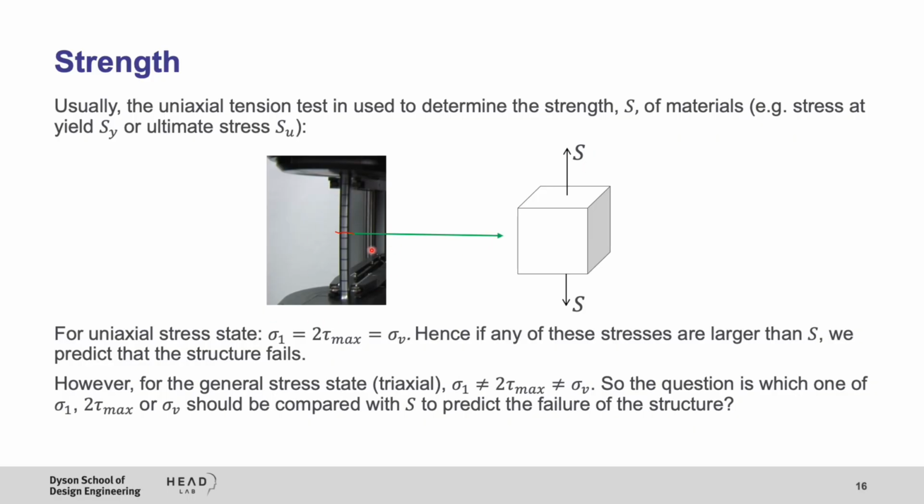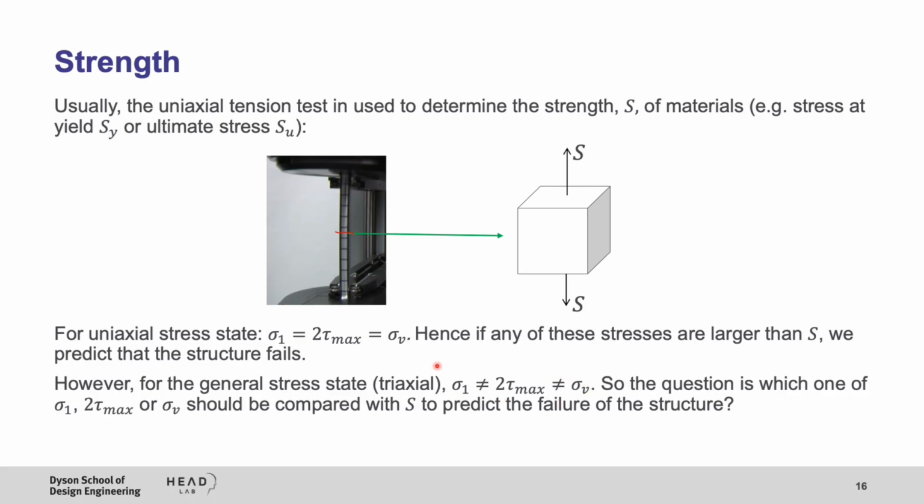For this uniaxial stress state shown here, the maximum principal stress equals the stress intensity, or 2 times the maximum shear stress, and they equal the von Mises stress. Hence, if any of these stresses are larger than S, we predict that the structure fails under uniaxial tension. However, for the general stress state or triaxial stress state, these three quantities are not equal.